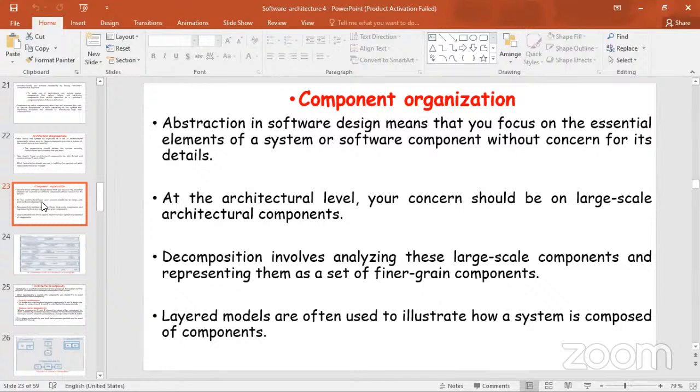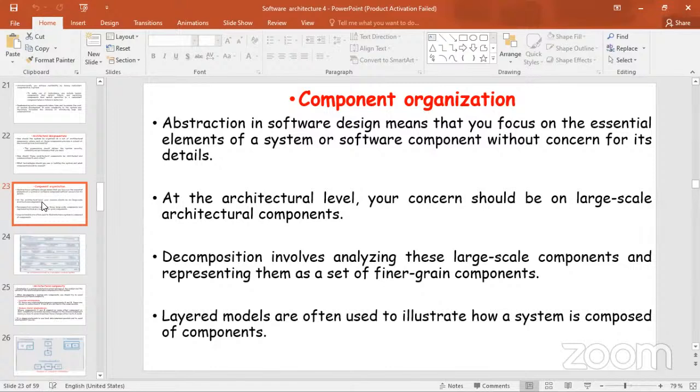The composition involves analyzing these large-scale components and representing them as a set of fine-grained components. So, if you have an architectural framework, right? You take the blocks first, right? So these blocks can now be broken down into different subcomponents.